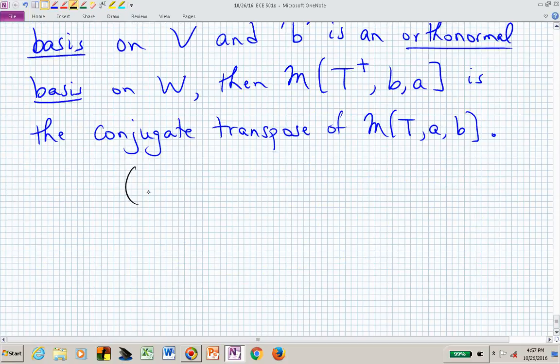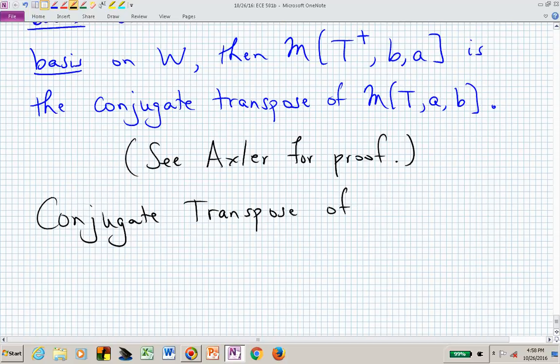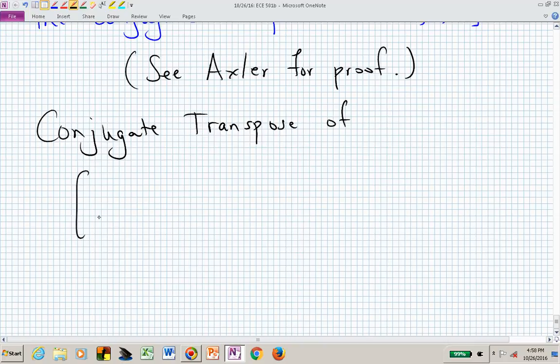And we won't go through that, but let's just remind each other what we mean by complex conjugate or conjugate transpose. What if I gave you the following matrix, A, B, C, D, E, F, and hopefully no one's out in the hallway listening to our lecture.